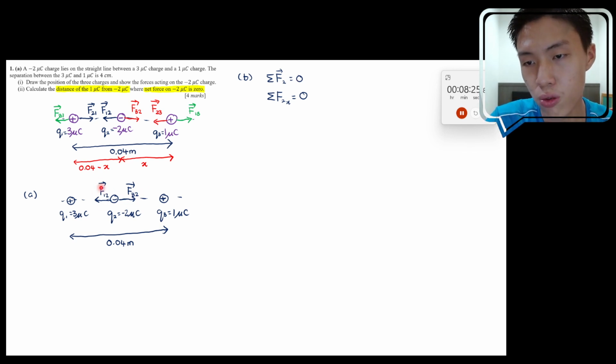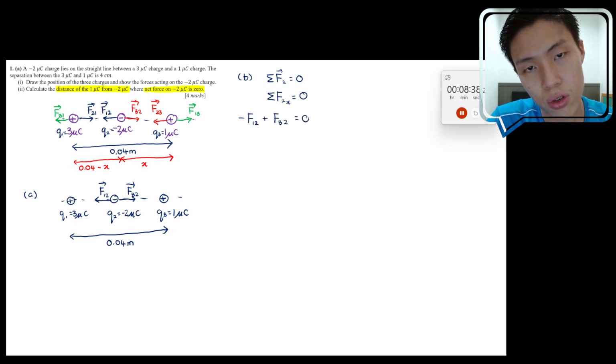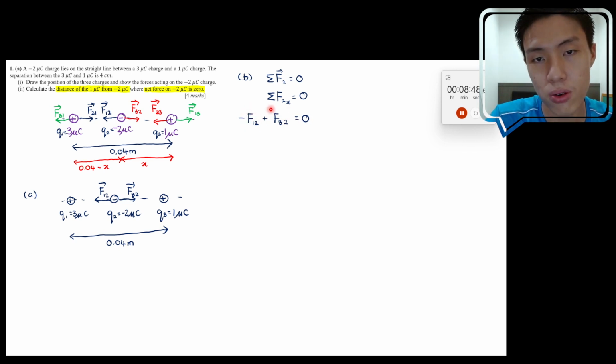You have F12 pointing to the left and F32 pointing to the right. So pointing to the left would be negative, so negative F12. Pointing to the right will be positive, so F32. Okay, you should not put any vector arrow on top because you have already considered direction using the sign. So this is just the magnitude of force, no arrow on top.